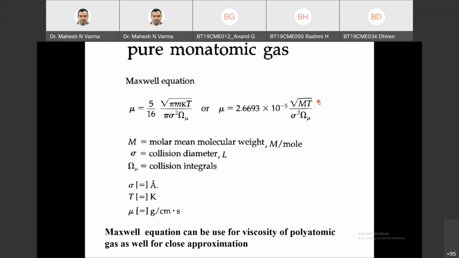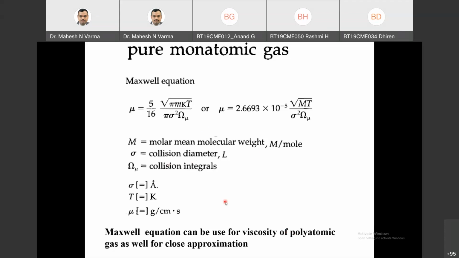This we have already seen, the Maxwell equation, where they have used molecular dynamics fundamentals. Molecular dynamics fundamentals means statistical thermodynamics, and a large number of computations is used to get various properties.